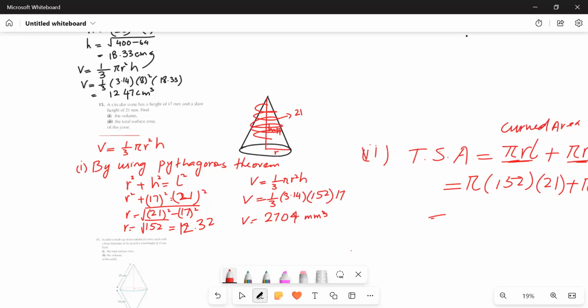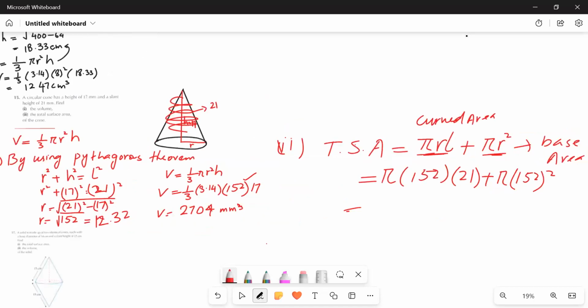Yes. Similarly, this r square value is 152. That is correct, because r square value is 152, but r value is 12.32. Okay, now this one is r value.